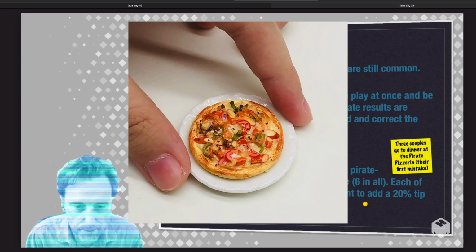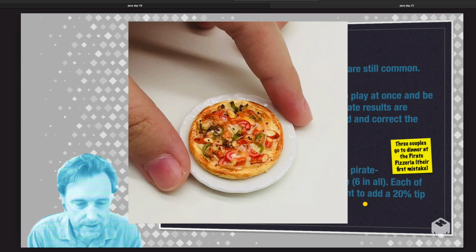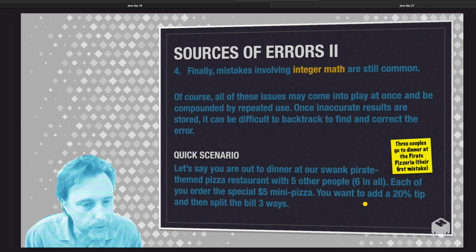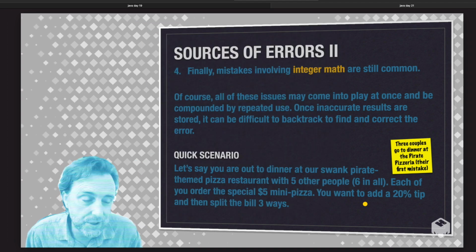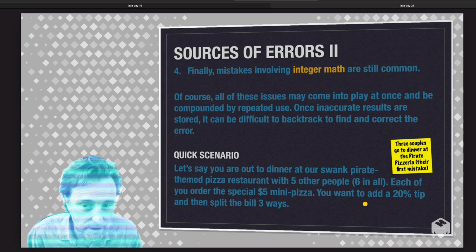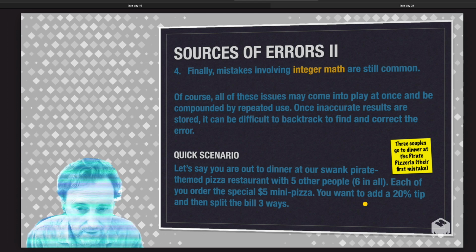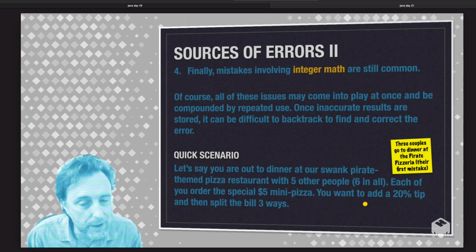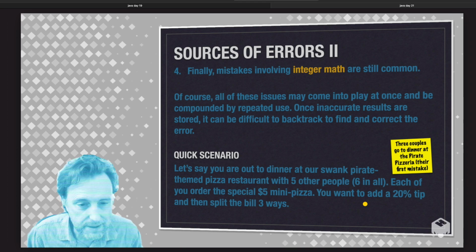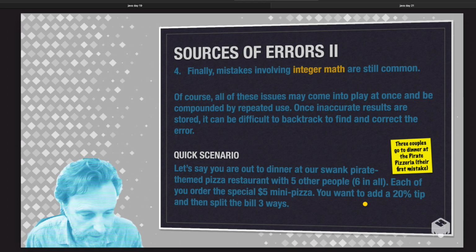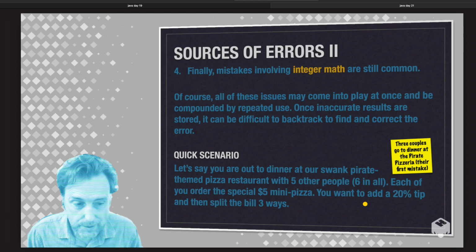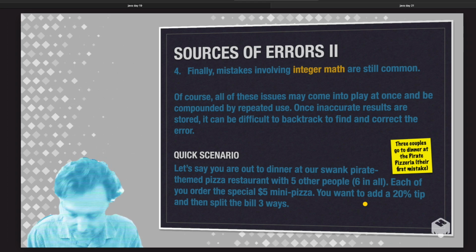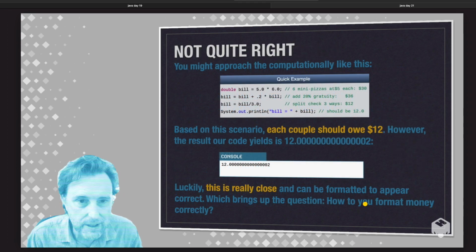Which is one of our promotions that's been pretty successful. And you want to add a 20% tip, and then you want to split the bill 3 ways. So that's the scenario. 6 people, $5 mini pizzas, 20% tip, split the bill 3 ways. If you're doing this in your head, it's not super tough math, but let's look at the calculations.